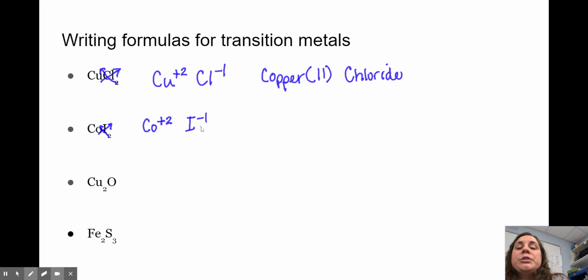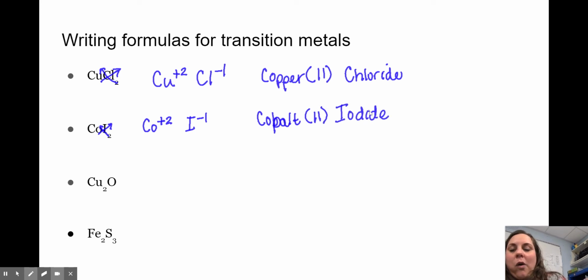Is iodine actually -1? Yes, it is. So when I write it, I'm going to write cobalt 2 iodide.